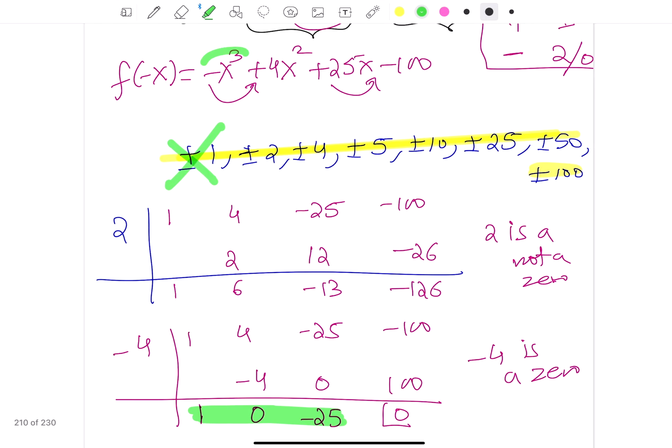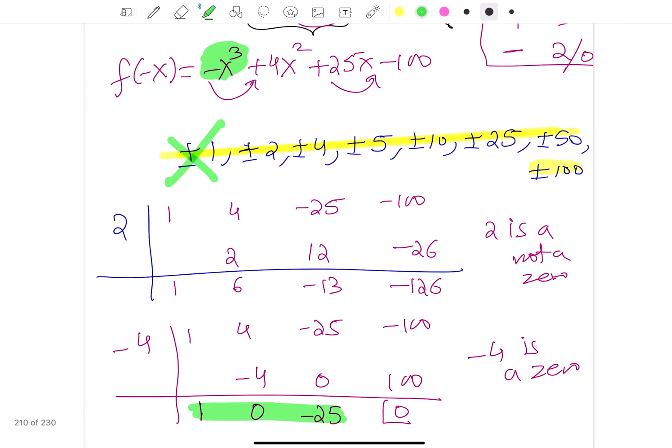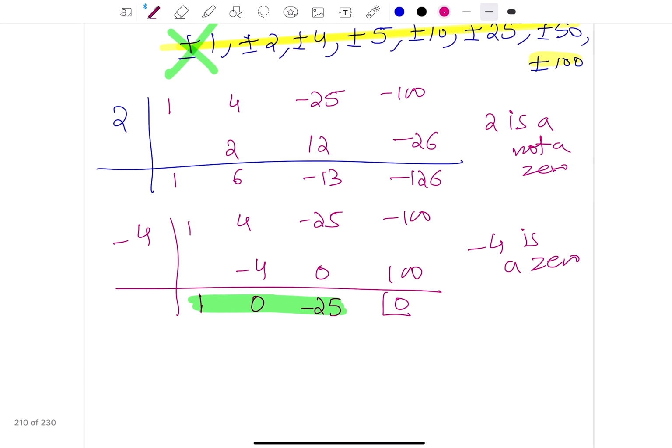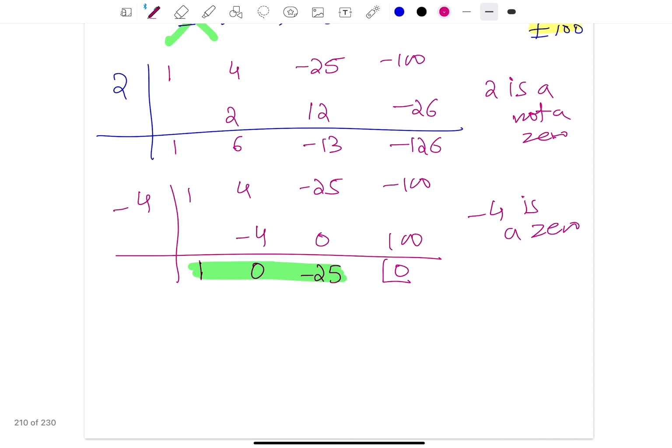I had a cubic polynomial, but because I found one zero, I'm down to a quadratic polynomial now, which is going to be x to the second power plus 0x minus 25 equal to 0.